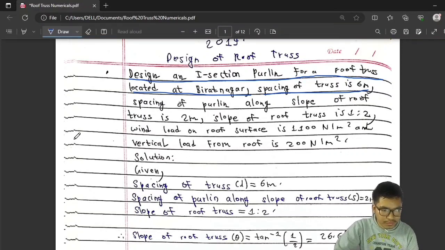So the truss will be like this. This is the steel truss and this is the 3D diagram.